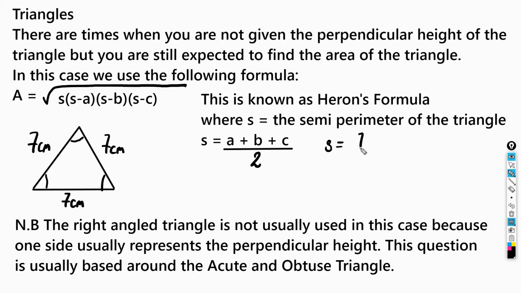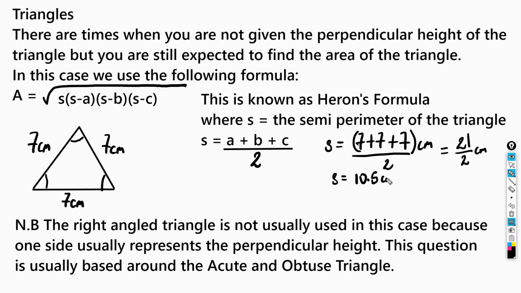We get 7 plus 7 plus 7, in centimeters, divided by 2. So we end up with 21 divided by 2, and S should be equal to 10.5 centimeters.